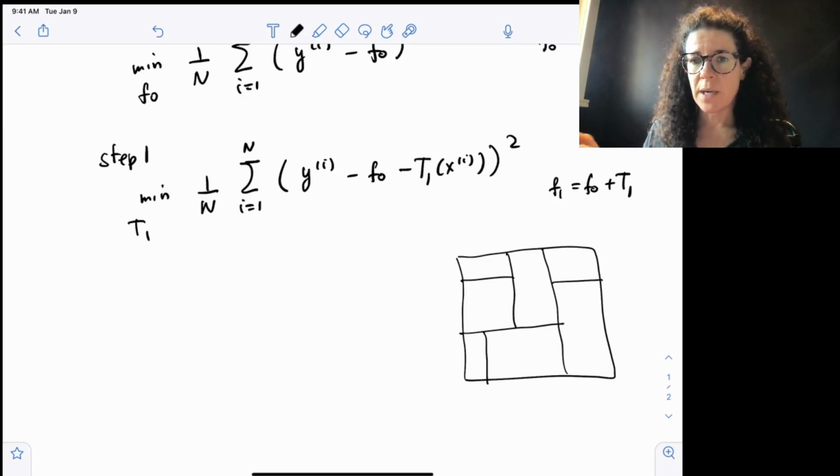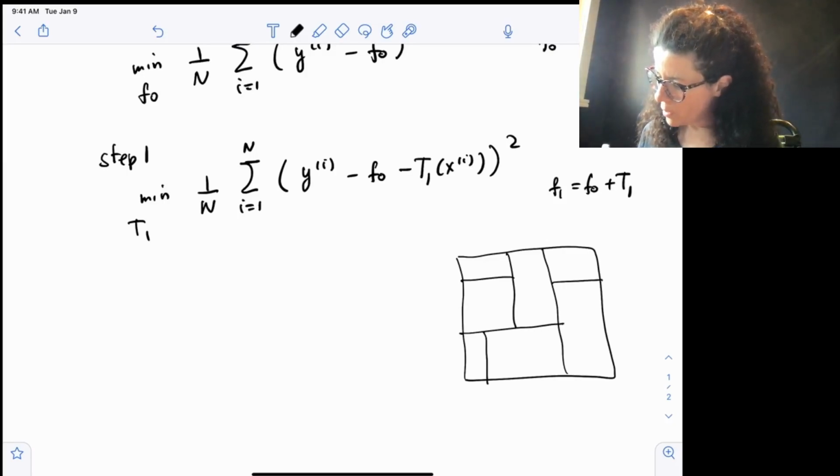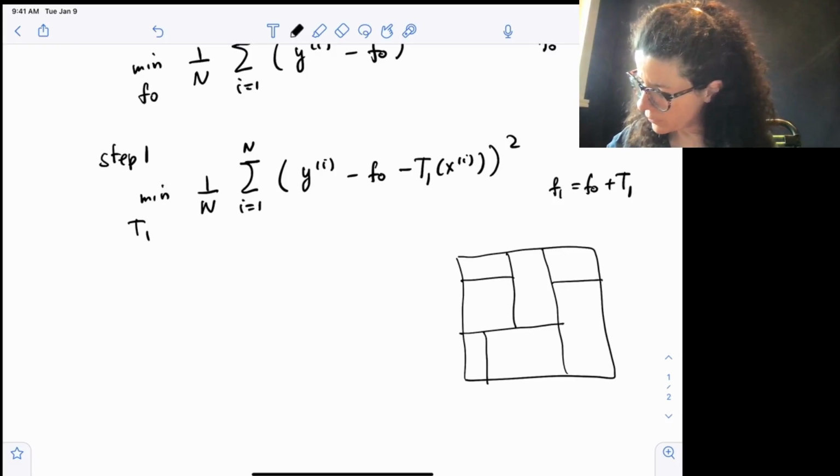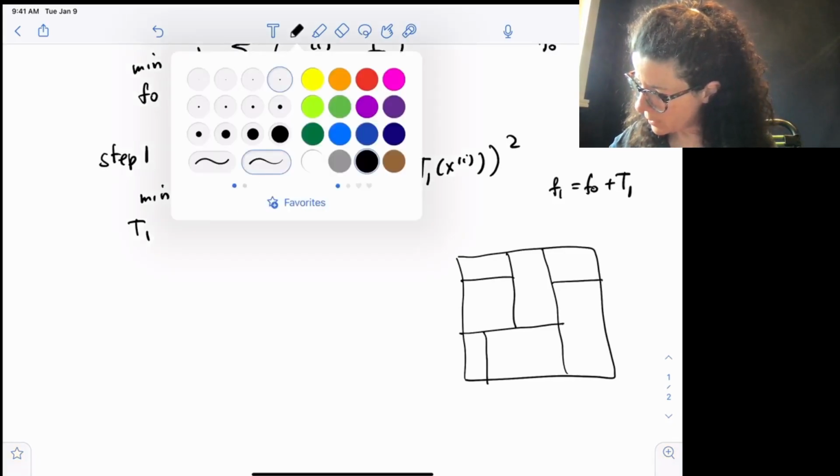So the parameters of the tree are all of these splits, and also the constant predictions for each of these joint regions.